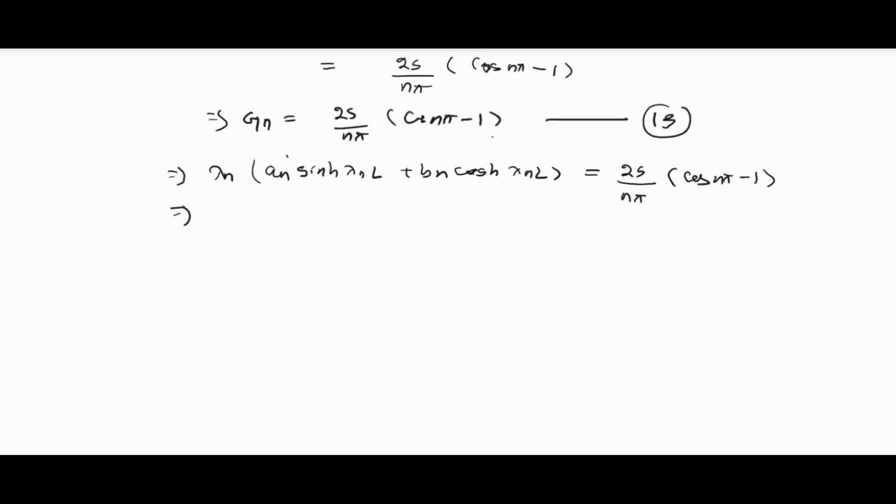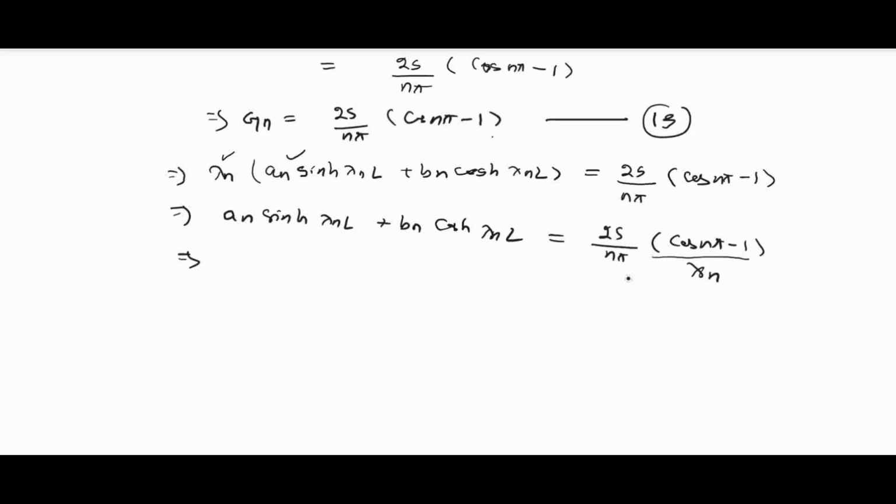But an is known to us, lambda n is known to us, so we can find the value of bn here. So an sin h lambda n l plus bn cos h lambda n l is equal to 2s by n pi whole into cos n pi minus 1 divided by lambda n.